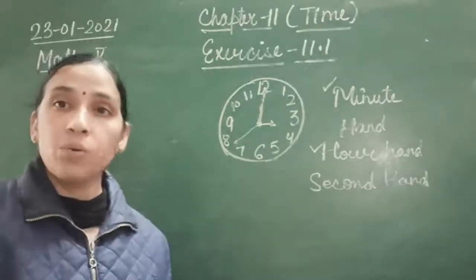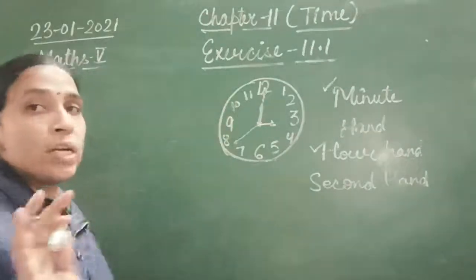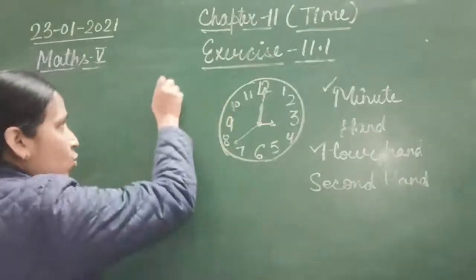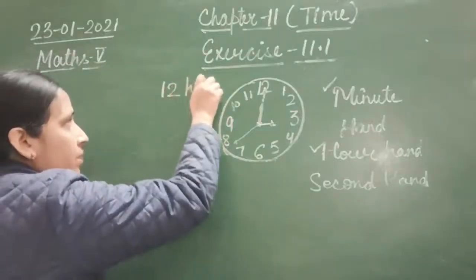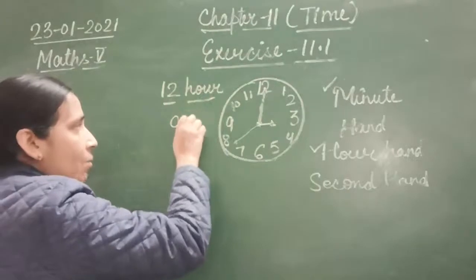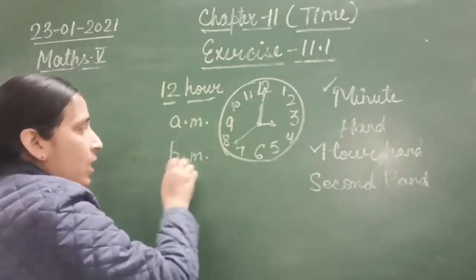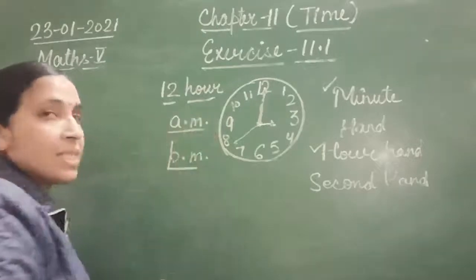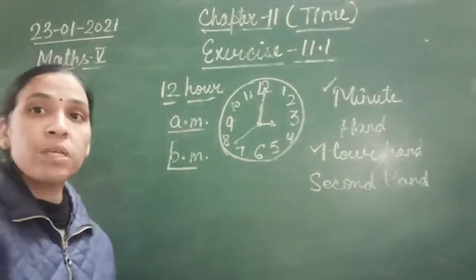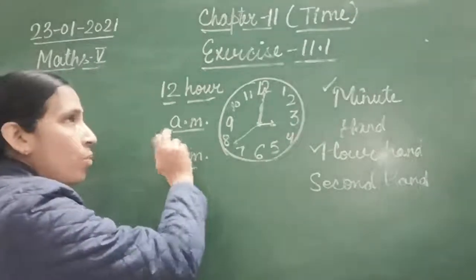Now we'll talk about the formats of time. In time we have two kinds of format. First is the 12-hour format, in which we write time using AM and PM. What is the full form of AM and PM? Most of the time children ask what the full form of AM is.